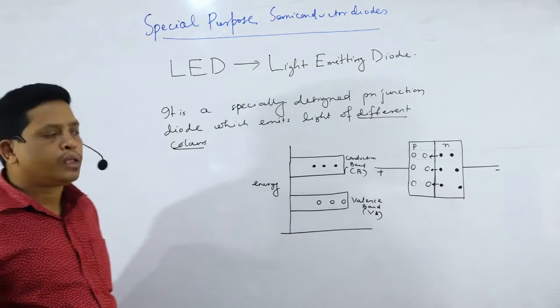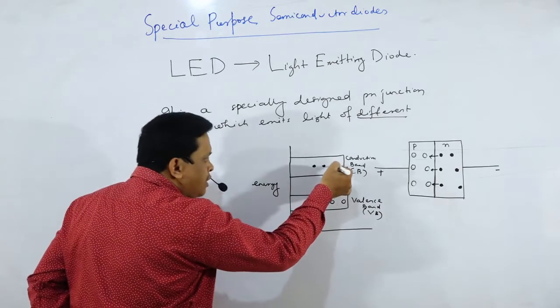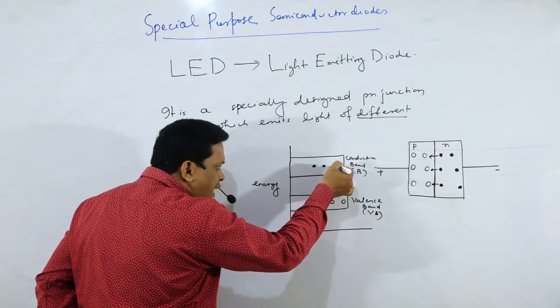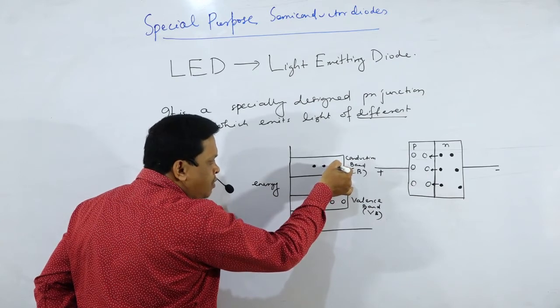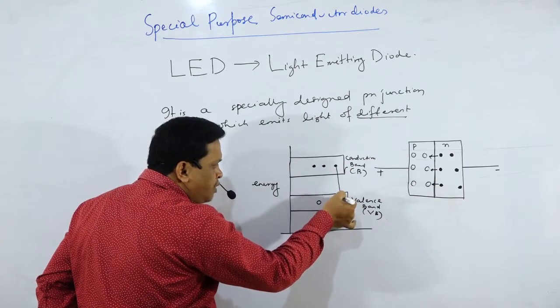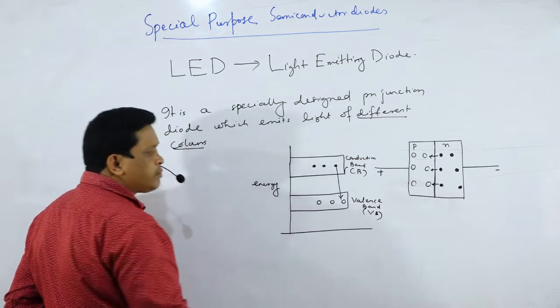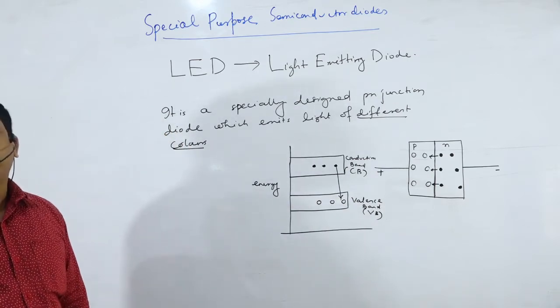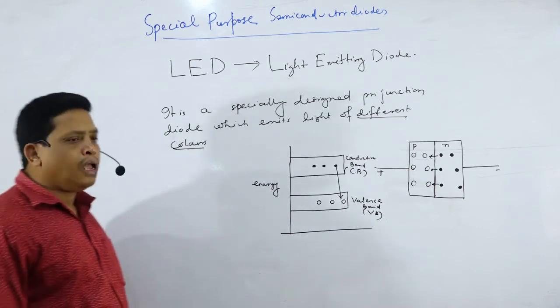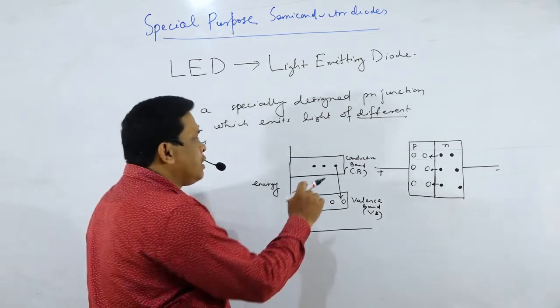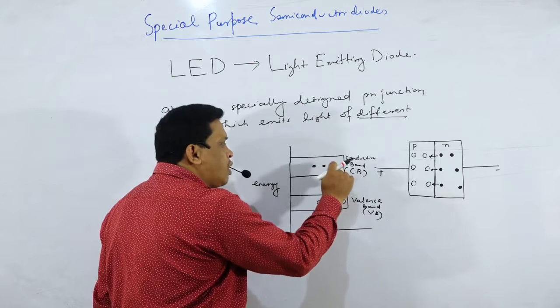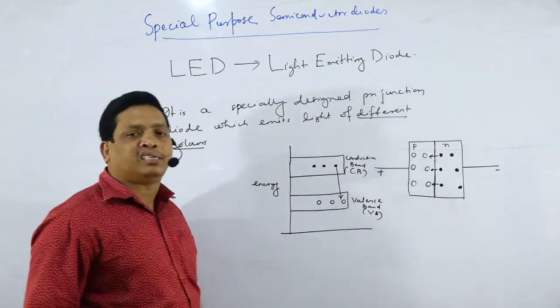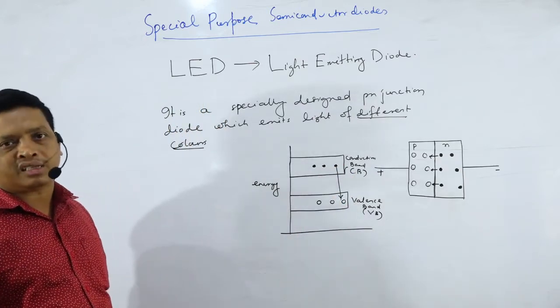Okay. Now when a conduction electron or free electron combines with the hole, this process is known as electron hole recombination. And we know that the electron in the conduction band is more energetic. It has more energy.